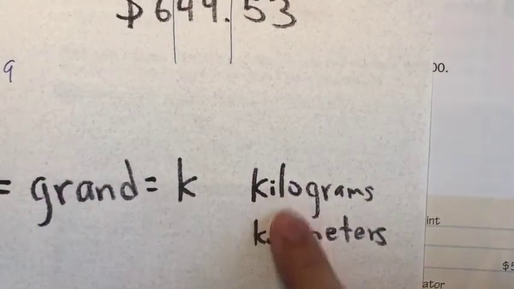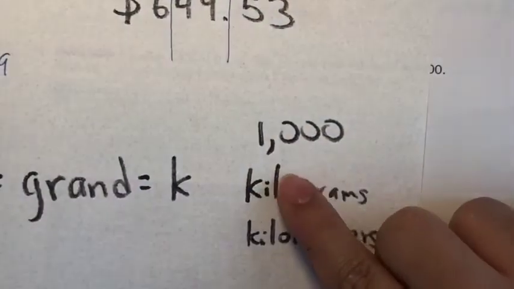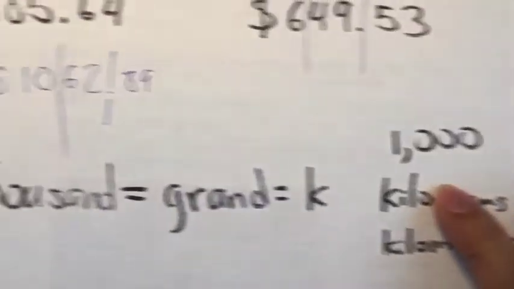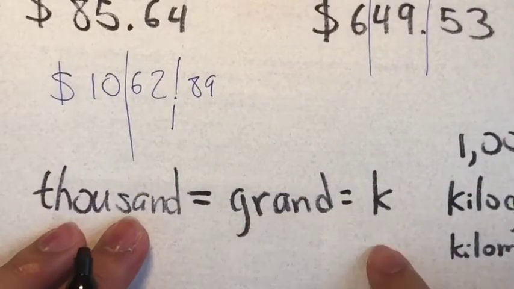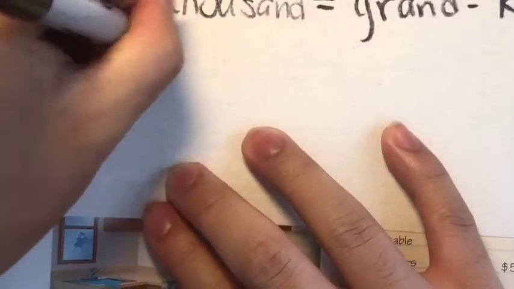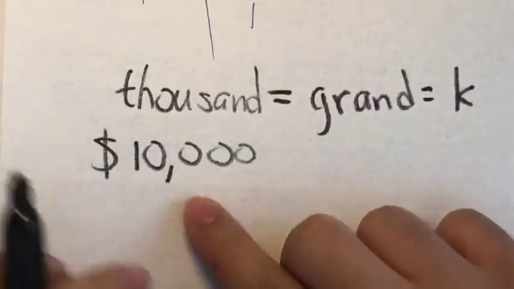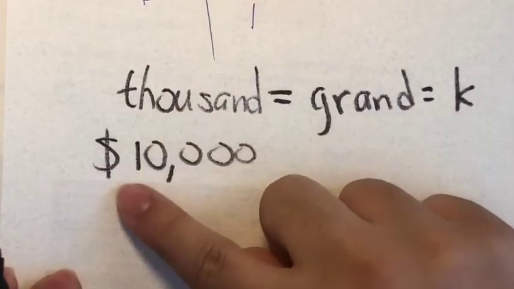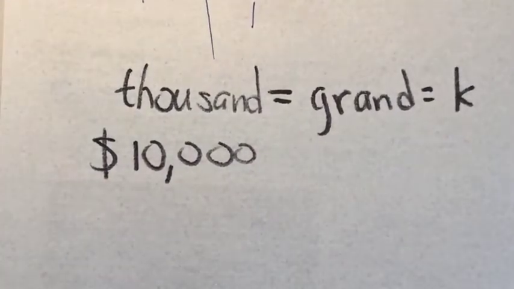The letter K, or the kilo, is 1,000, right? Well, that's how we get the letter K. 1,000, grand, or K. So if I have this amount of money, I can say this is 10,000, 10 grand, or 10K. Same thing.